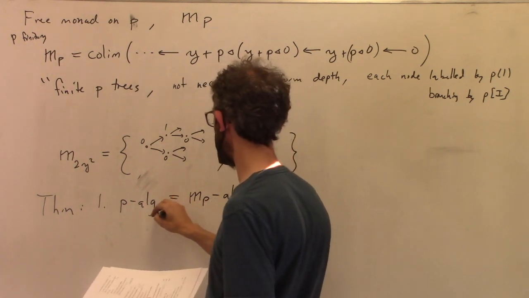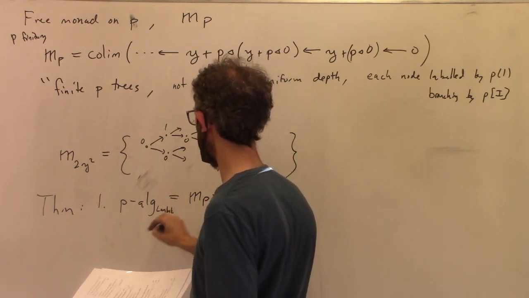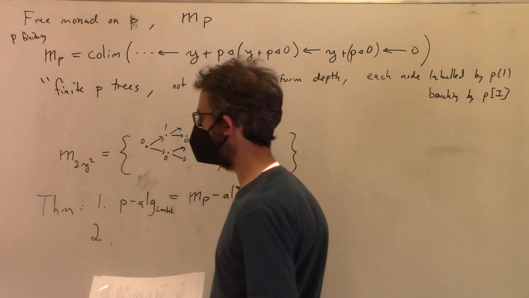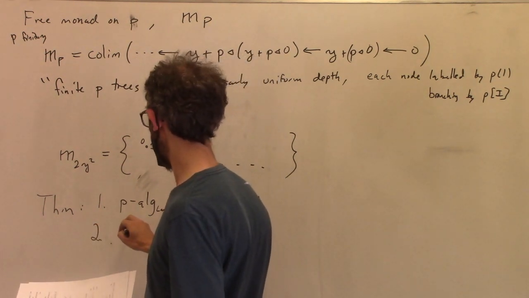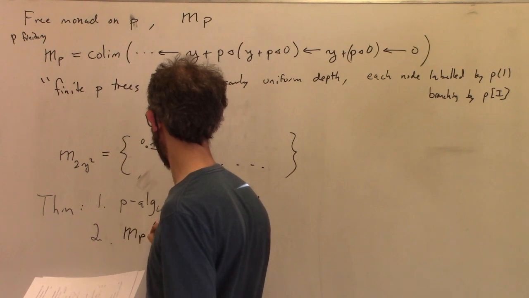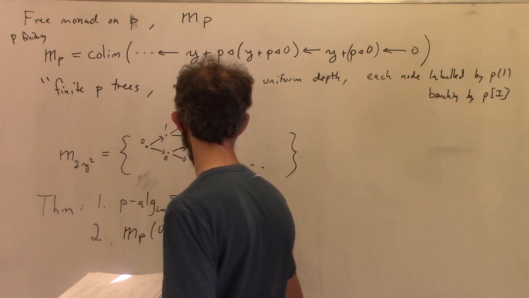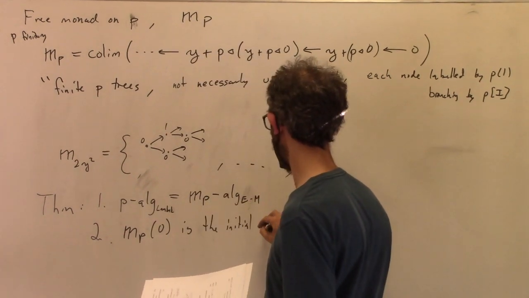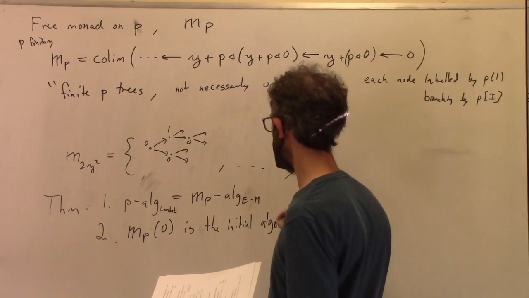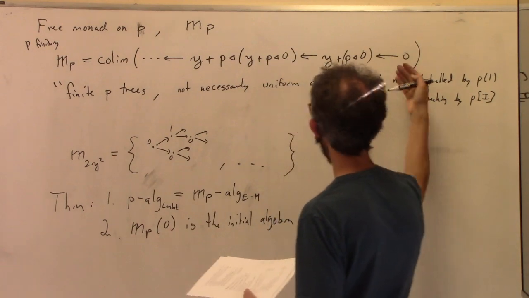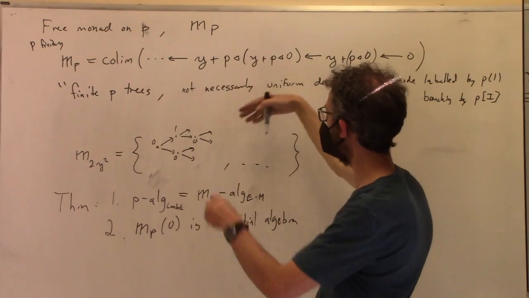These are Eilenberg-Moore algebras, and this is like Lambek algebras, if you know what I'm saying. If you don't, it's not really going to come up very much. M_P of 0 is the initial algebra. So let's say you wanted the initial algebra on this endofunctor. You would just take this thing and plug 0 in for y. And so much of this would just disappear.